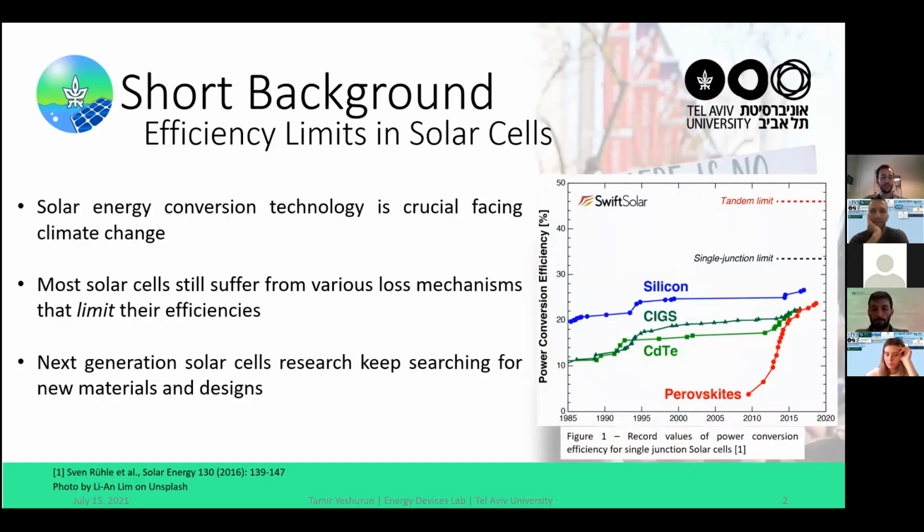And over the years, we're getting close to the single material limit. But we still have a gap, and if we want to go towards the tandem limit, which is basically two solar cells back to back with different materials, we still have a way to go. And these loss mechanisms play a big role here, so it's getting crucial to understand them more.